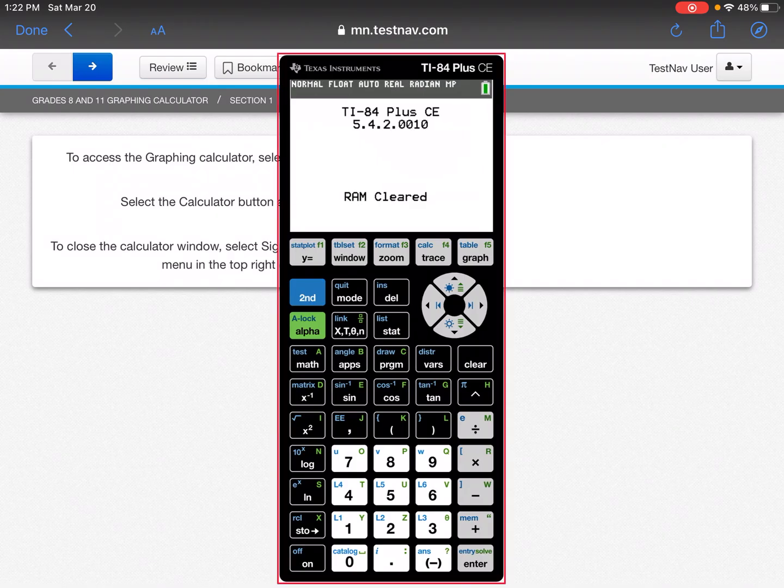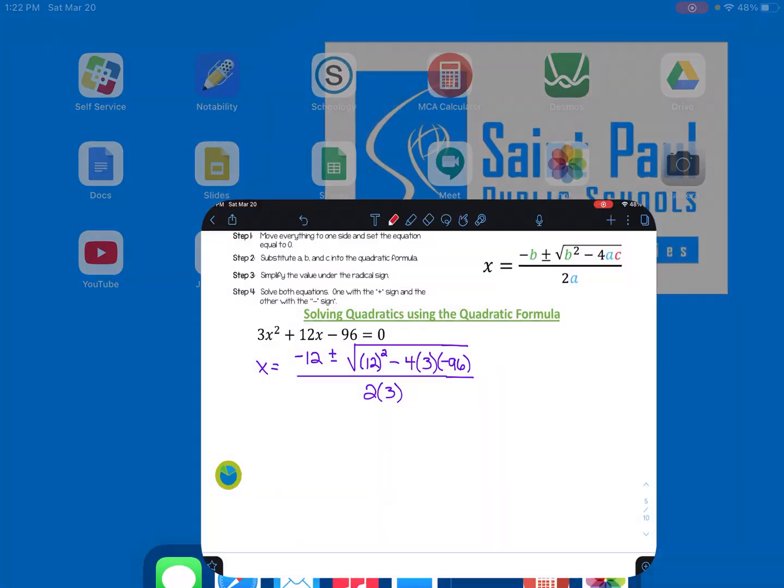Okay, pull up my calculator, and I'm going to go 12 in parentheses, squared. The square button is right there on the left, minus 4 times 3 times negative 96. Now this number goes underneath the square root symbol, so that's 1,296.